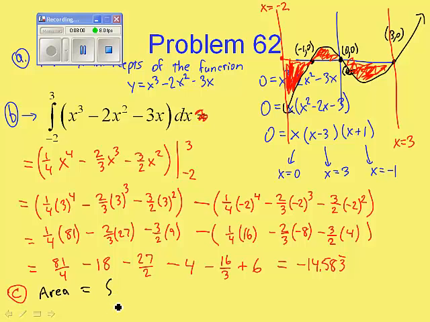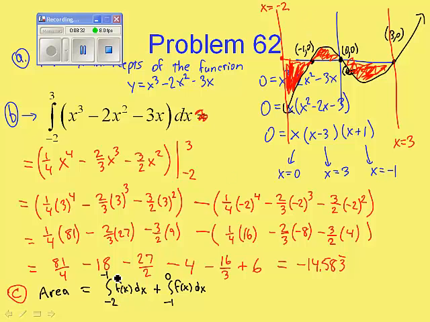I want to integrate, let's see, from -2 to -1 of f of x dx. And I want to add what I get from -1 to 0 of f of x dx. I'm splitting it up into pieces.